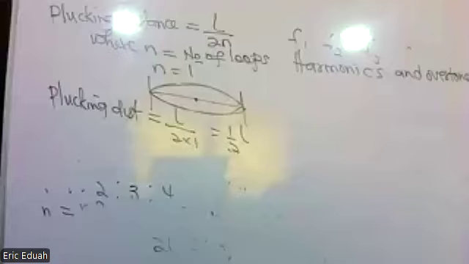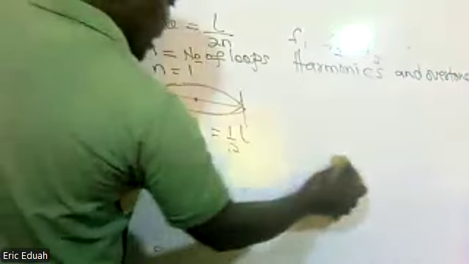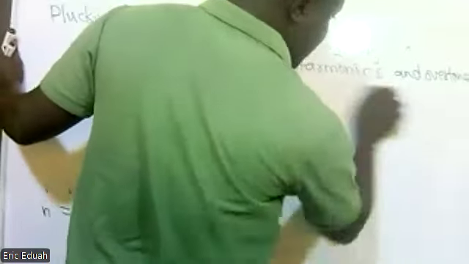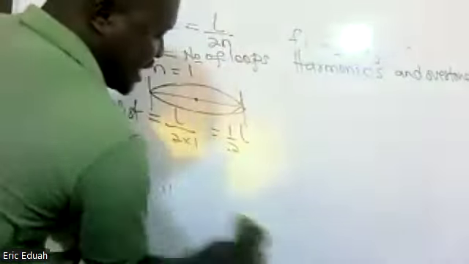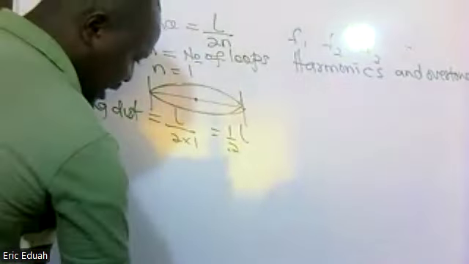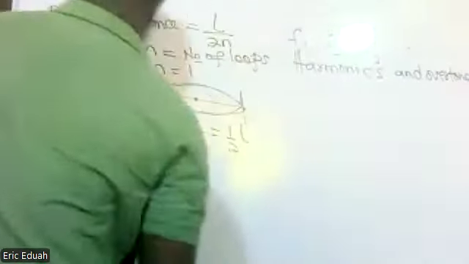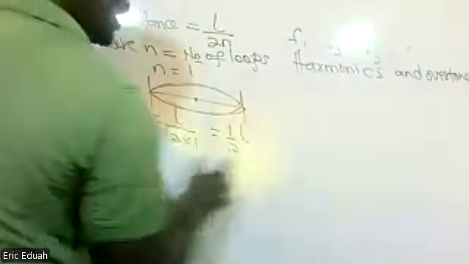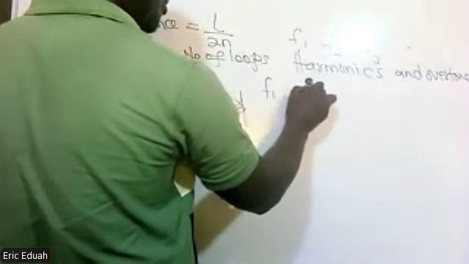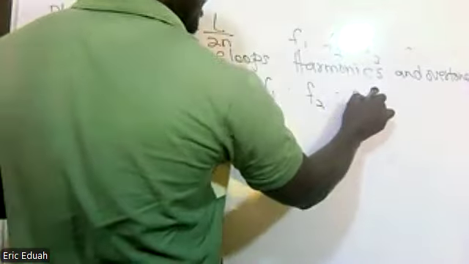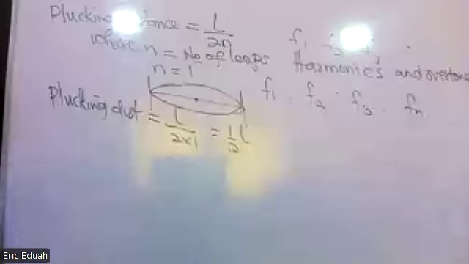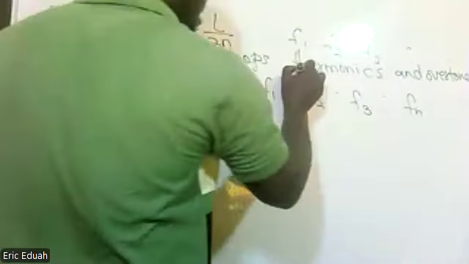Now, the difference is that in harmonics, we count from the fundamental frequency or fundamental harmonic. So in harmonics, we have F1, the next F2, F3, and the nth harmonic Fn.